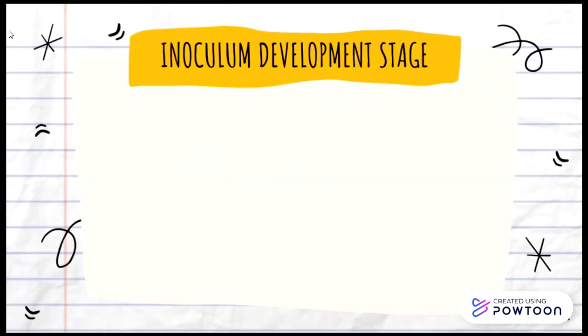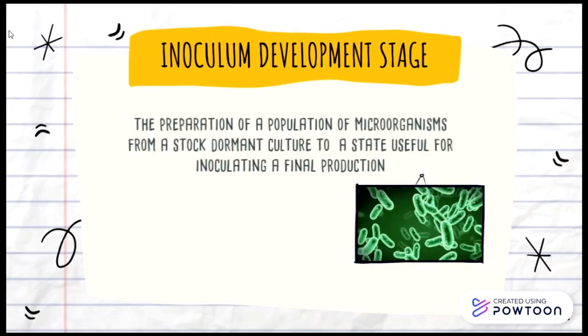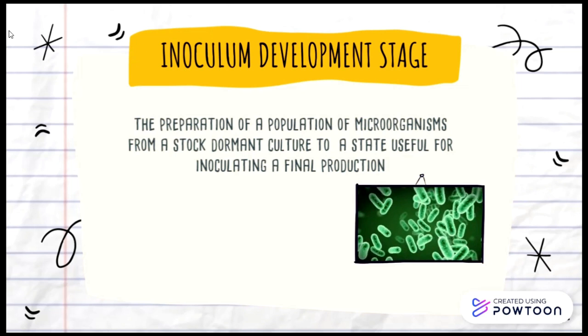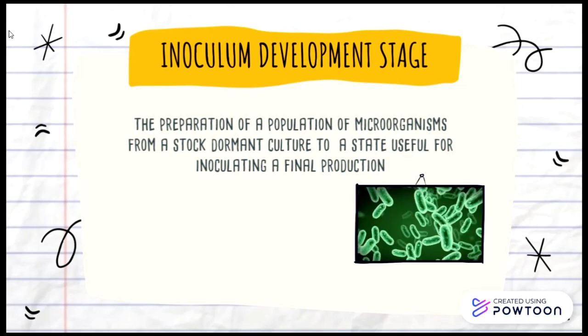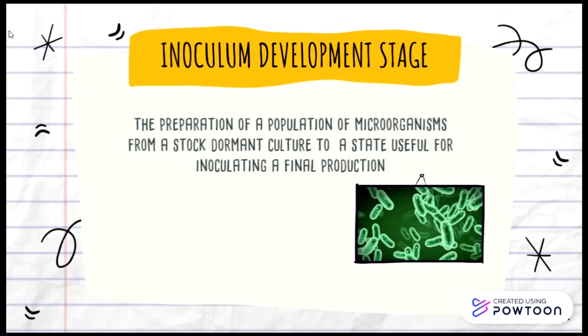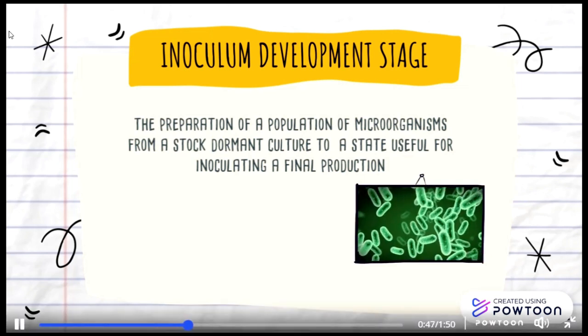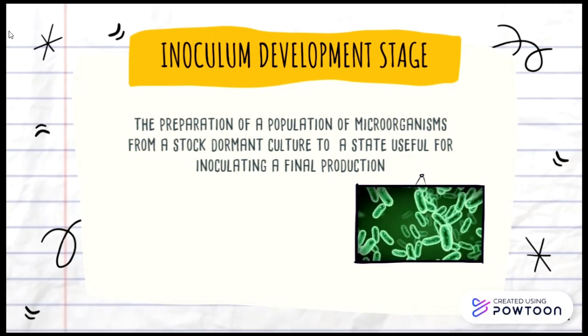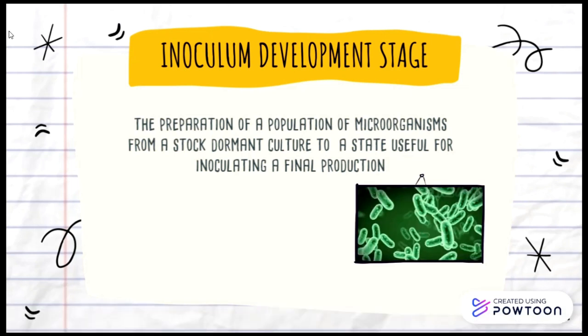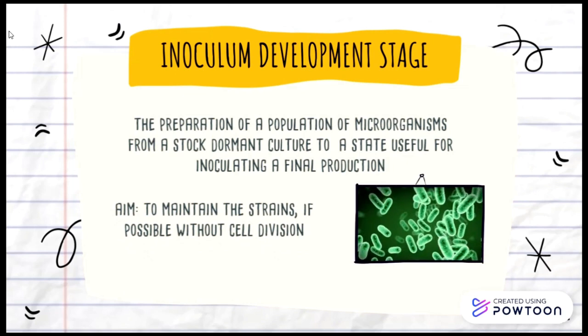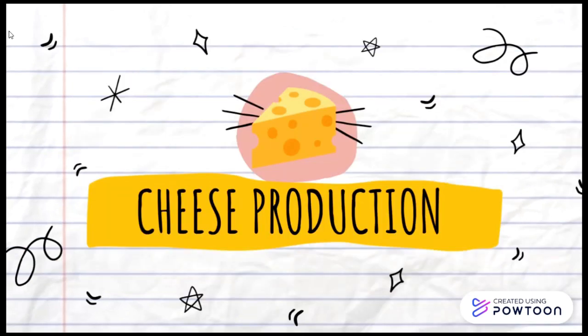The upstream process in fermentation involves an inoculum development step, which is the preparation of a population of microorganisms from a stock culture to a state useful for inoculating a final production. This step is very important for product formation in substantial amount. The ultimate purpose of preservation is to maintain the strain if possible without cell division.